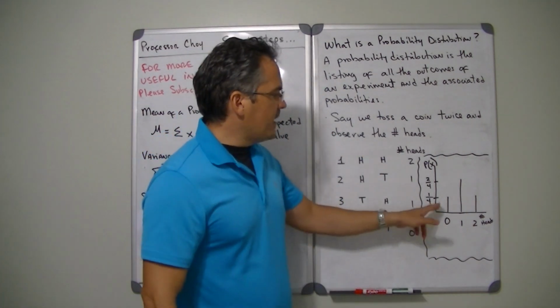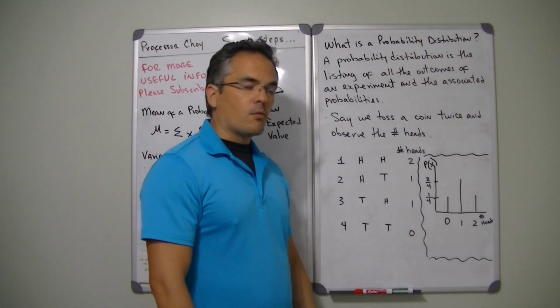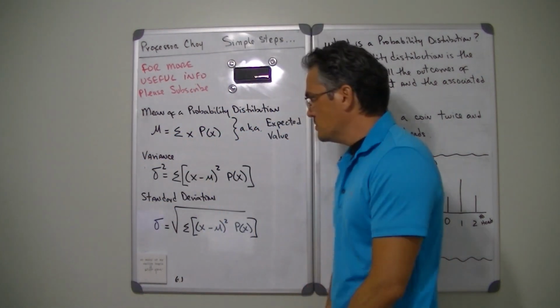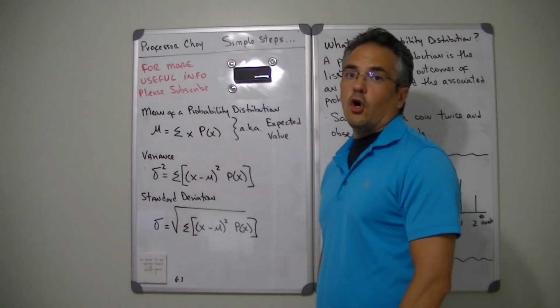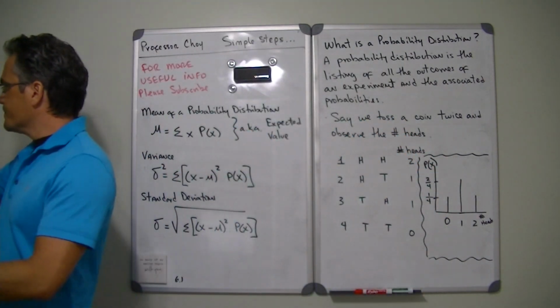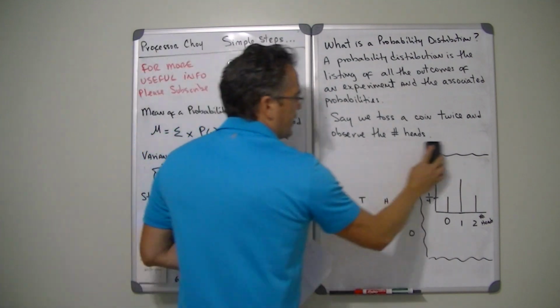Okay? Notice, by the way, that in this particular case we have a normal curve. Alright, so let's get to calculating the mean, the variance, and the standard deviation of a simple probability distribution. Alright, so let's create a problem.